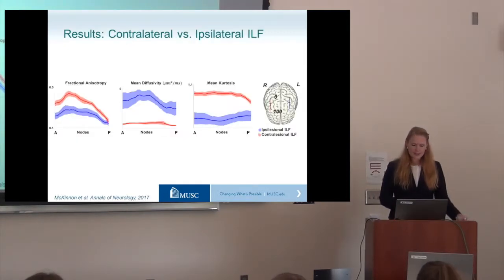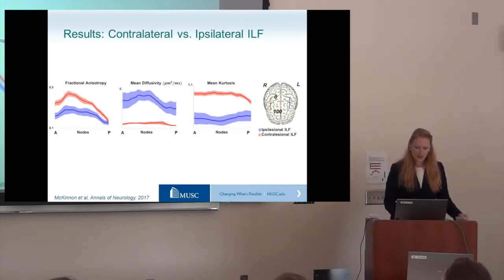So this is a bird's eye view of what the different microstructure looks like in this subset of patients. Let me orient you. On the x-axis, we have along-the-tract values of FA, mean diffusivity, and mean kurtosis, starting at the anterior side over here, going to the posterior side over here.